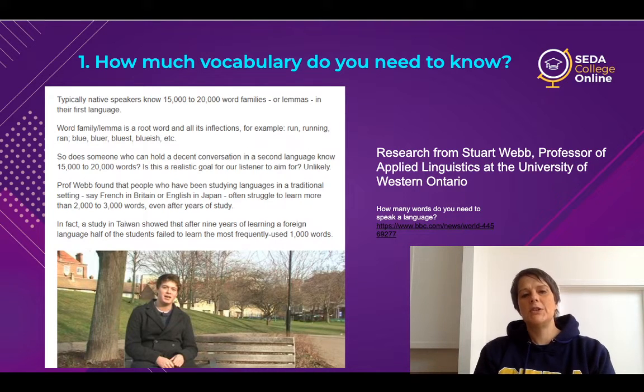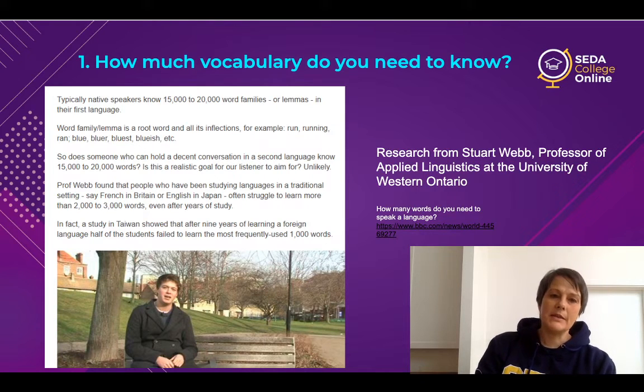So the first thing to do is to tidy it up into word families, because if you know go, then you know went, and you know gone, so you have all these different words that come from the same. If you know happy, you know happiness, and you know happier, and you know happiest.